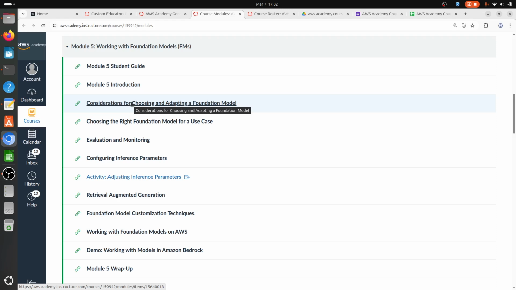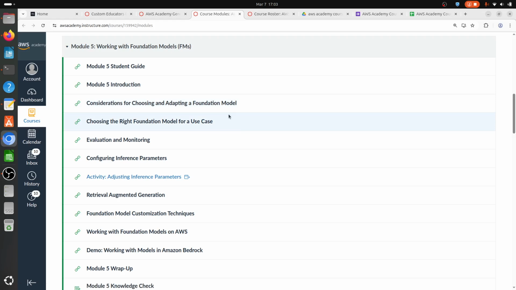So how do I decide how to configure the infrastructure and keep the cost within bounds of what my application is going to be? That is what we can understand over here: considerations that are required for choosing and adapting a foundation model.